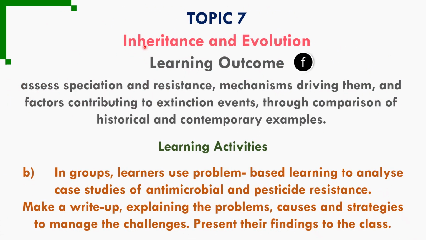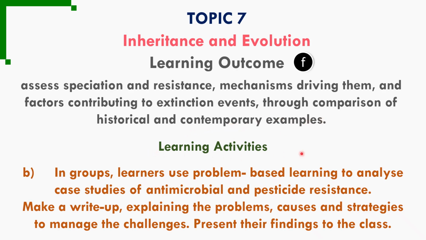Thank you very much for participating in Inheritance and Evolution. We have been looking at learning outcome F: assess speciation, resistance, and the mechanisms driving them, and factors contributing to extinction events through comparison of historical and contemporary examples.